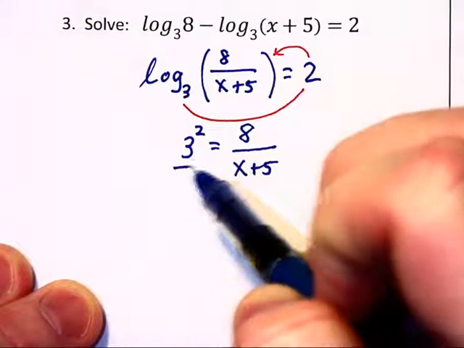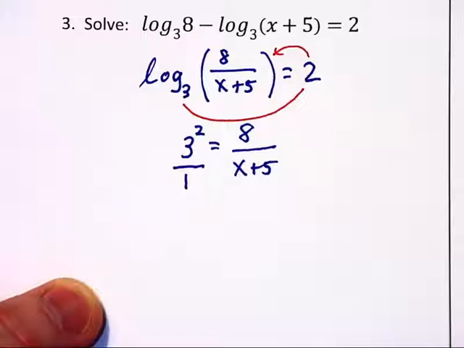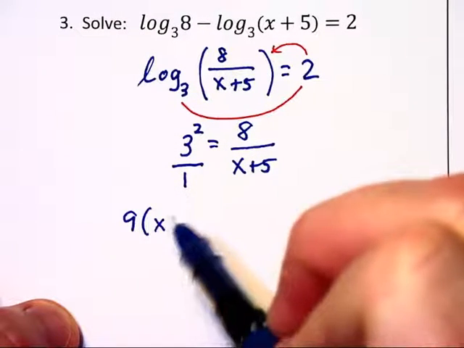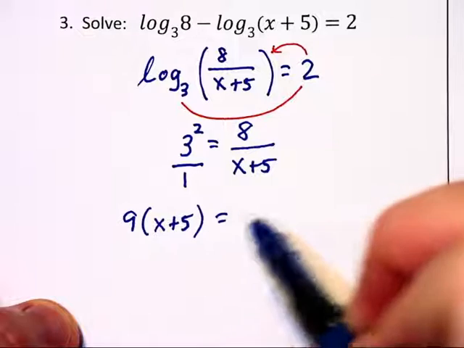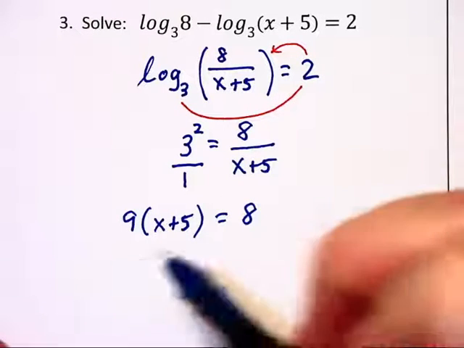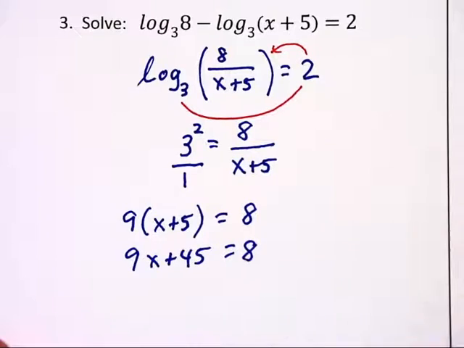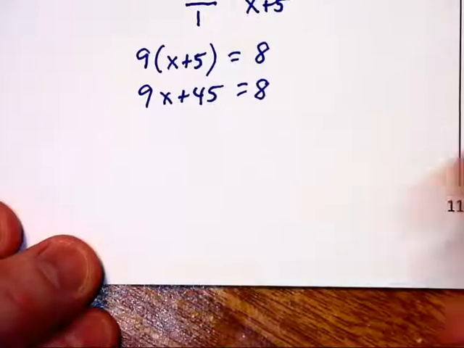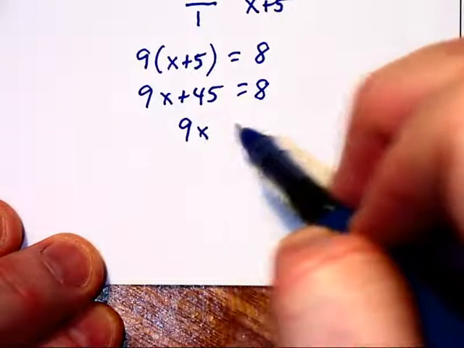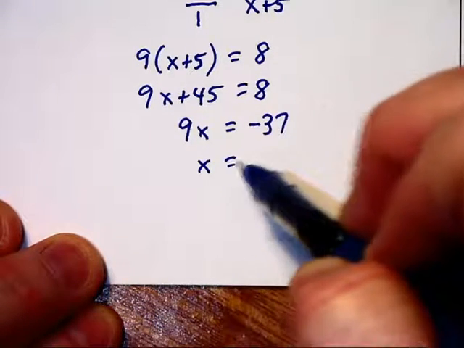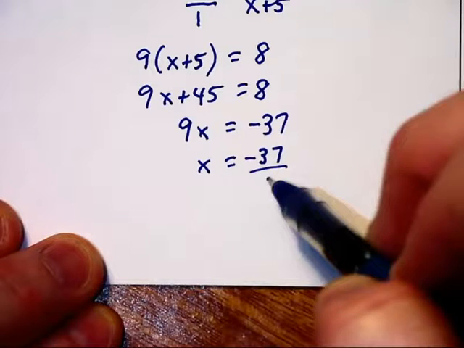Now I'm going to write that 3 squared over 1 so that we can then cross multiply. We would have 9 times x plus 5 is equal to 8, and that would become 9x plus 45 is equal to 8. Subtracting 45 on each side will give us 9x is equal to negative 37, and x would equal negative 37 over 9.